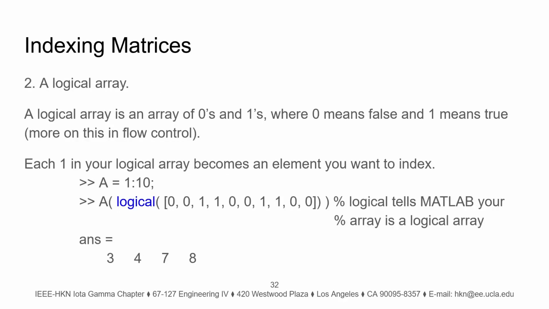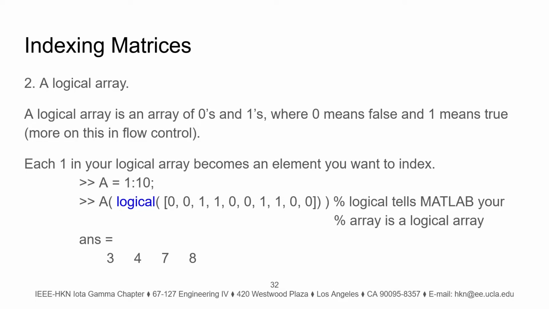It can be a logical array. A logical array is an array of zeros and ones, where 0 means false and 1 means true. We'll talk about more of this in the flow control section of this workshop. Each one in your logical array becomes an element that you want to index. So, for example, you define A as an array 1 to 10.